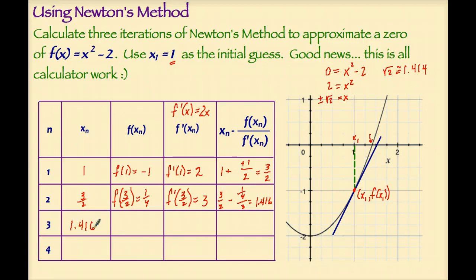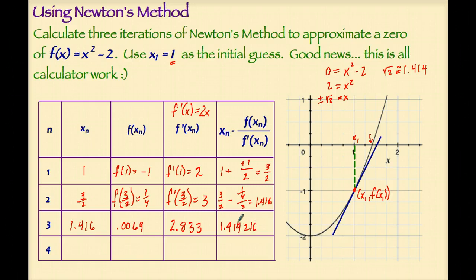Then we do our third iteration using this value as our next x sub n. The function value at 1.416 is 0.0069. We'll just say it's about that. The first derivative at 1.416 is 2.833 approximately. And then calculating the new approximation, we're going to get 1.414216.